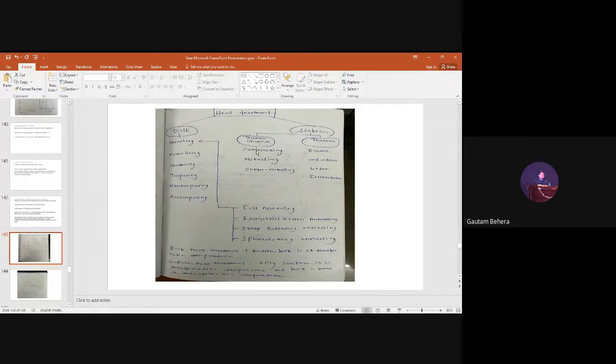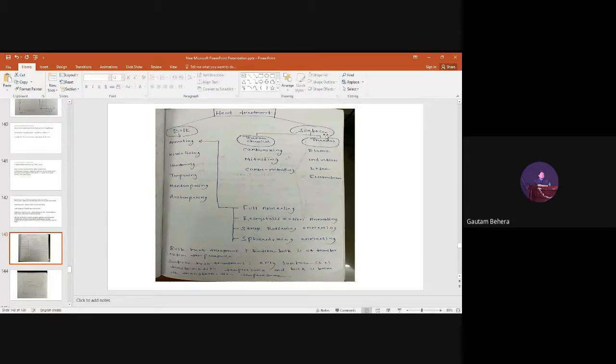For example, we can add carbon, nitrogen, or carbon and nitrogen to the surface during heating. But in thermal, only heat will be there, no chemicals. So these are the examples. Bulk heat treatments are annealing, normalizing, hardening, tempering, martempering, austempering. These are different classes of bulk heat treatment.